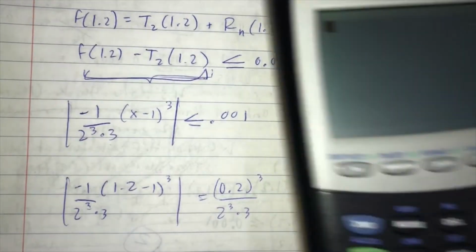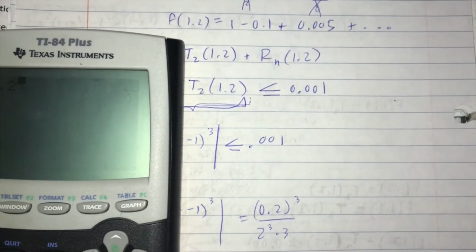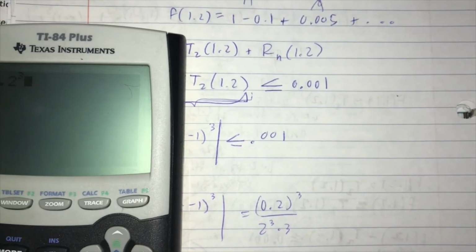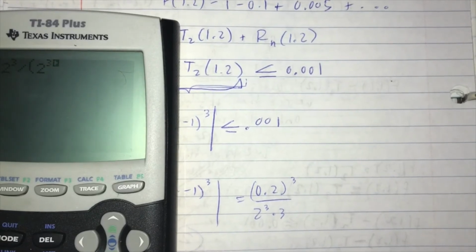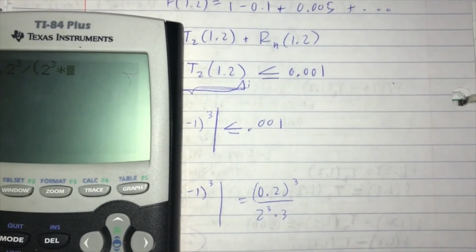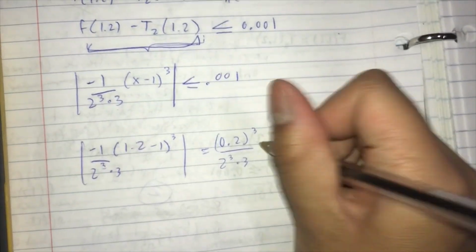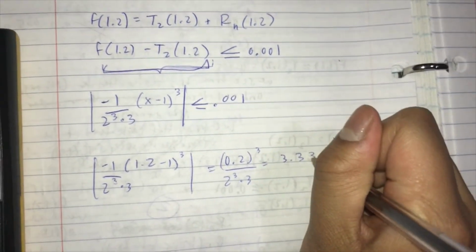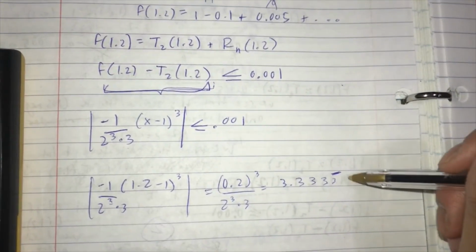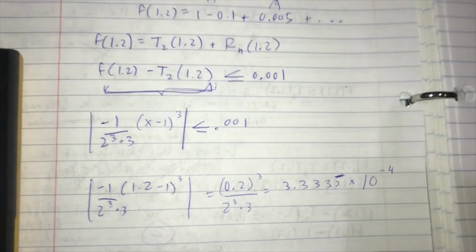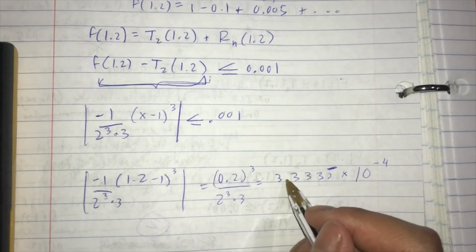If we plug that into the calculator, it's giving us 3.333 repeating, in scientific notation.